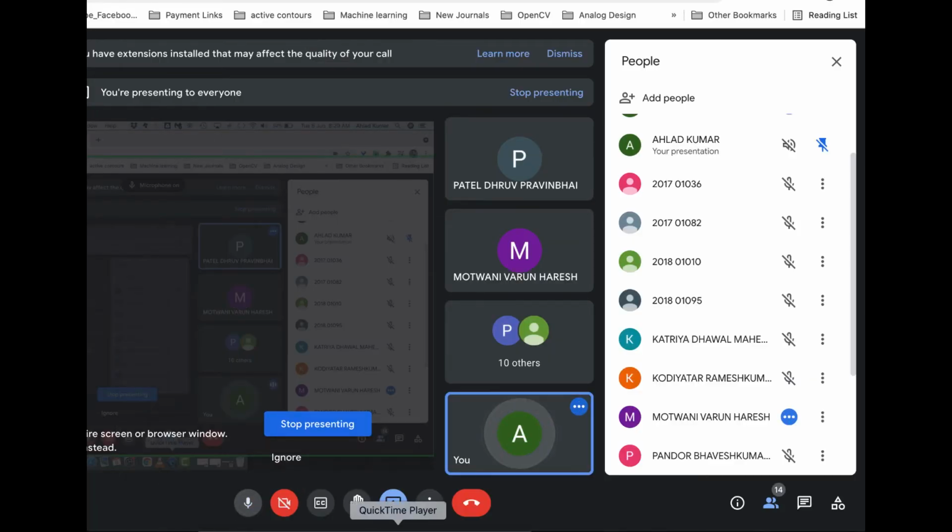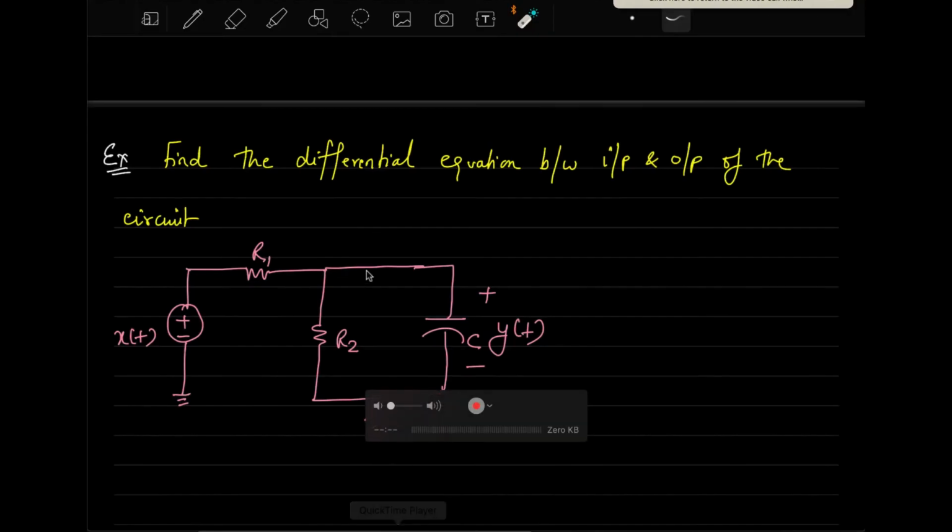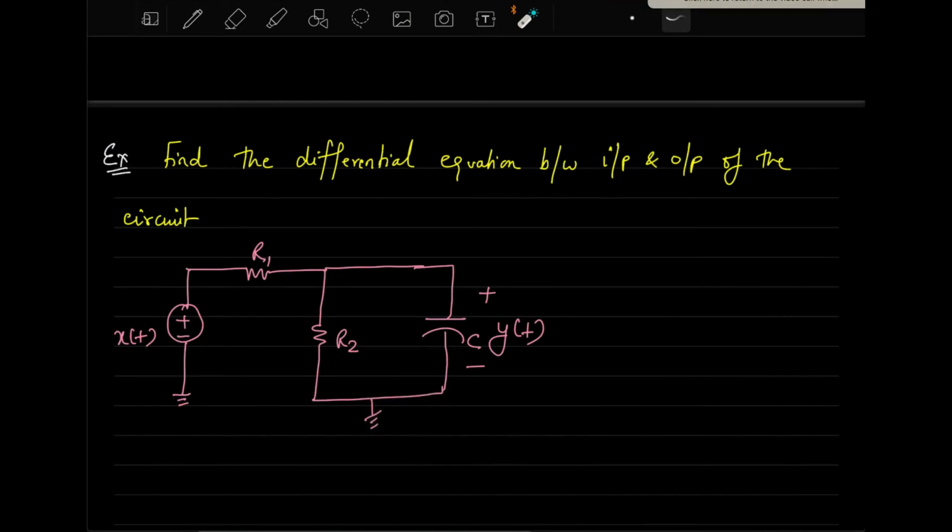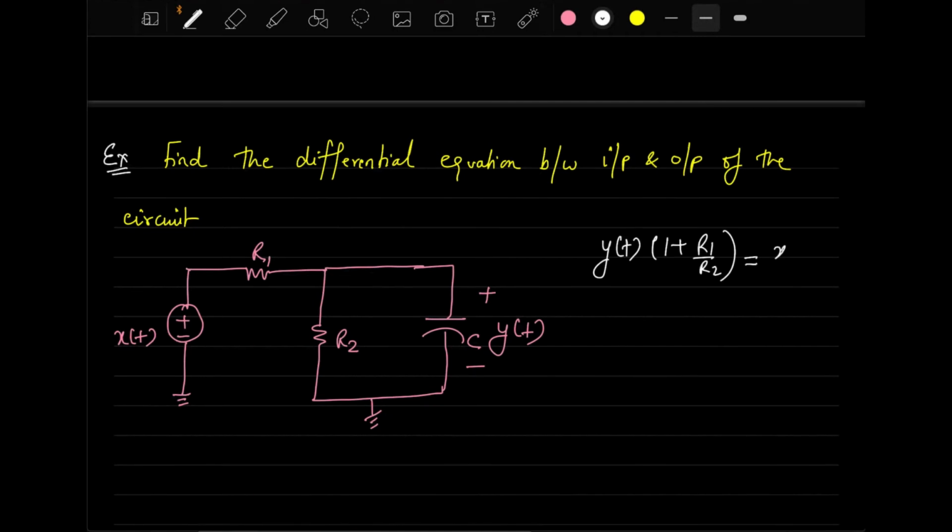I am getting the differential equation: yt multiplied by the bracket 1 plus R1 by R2 equal to xt minus R1c dyt by dt.